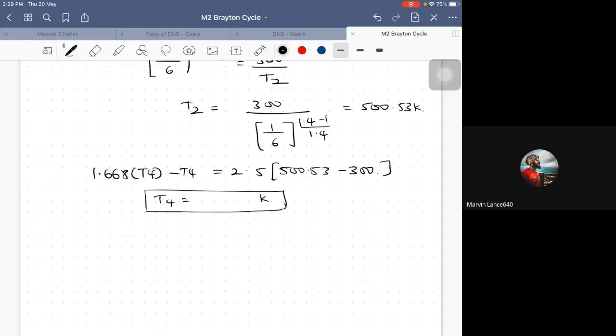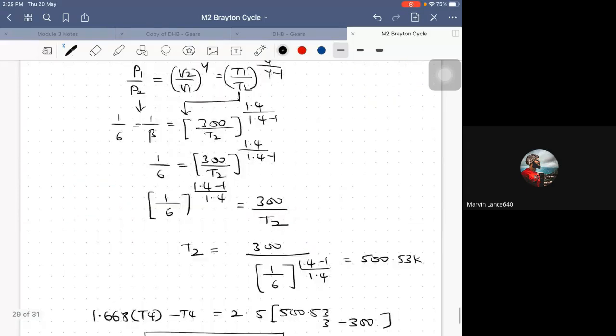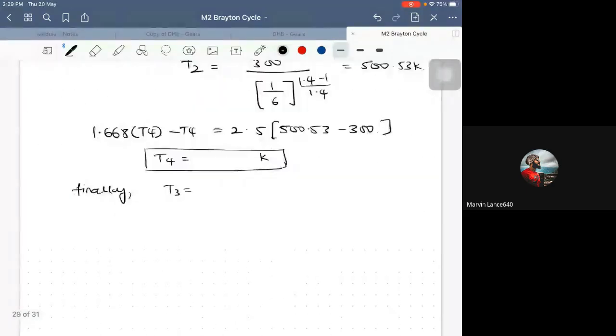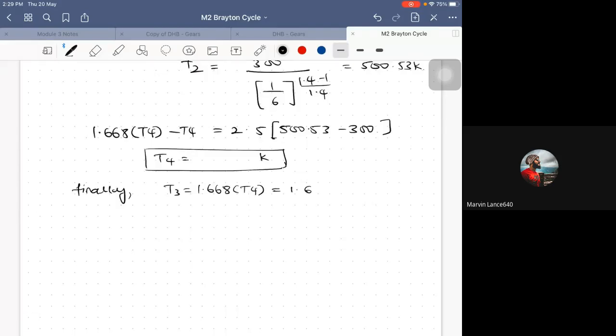Next, finally, T3 is equal to 1.668 times of T4. So it is 1.668 times of whatever value you get. So the final value of T3.